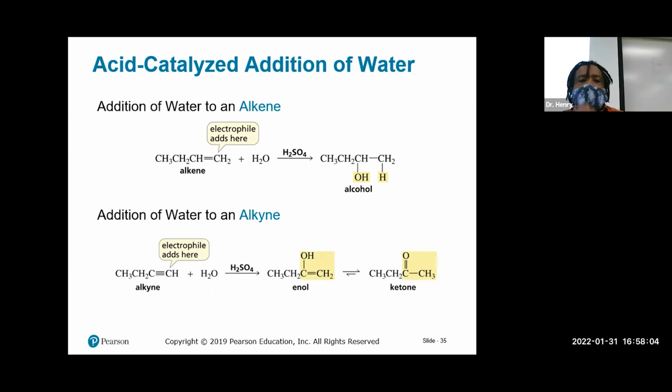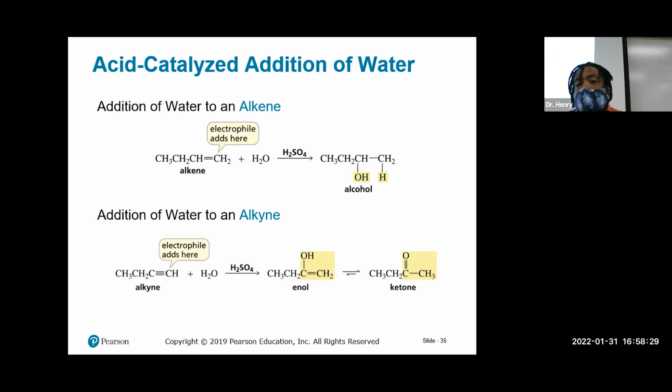Okay, so the next type of reaction that we're going to be talking about is the acid catalyst. The last reaction was halogenation, the addition of halogens. Now, acid catalyzed addition of water.